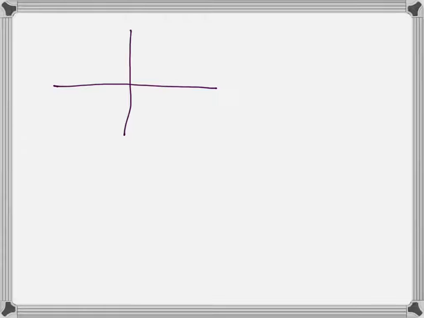Initial speed of 25 miles per hour in the direction that makes an angle of 30 degrees. So here you go is our vector, and we have our 30 degrees. That is our direction.